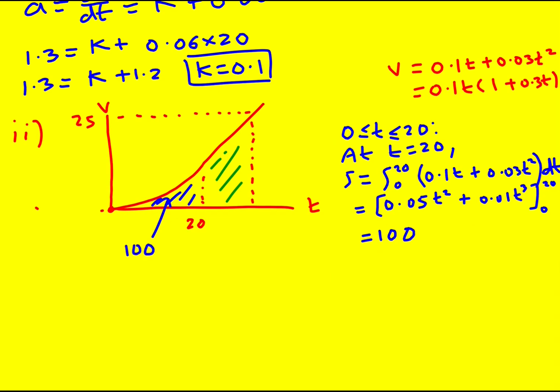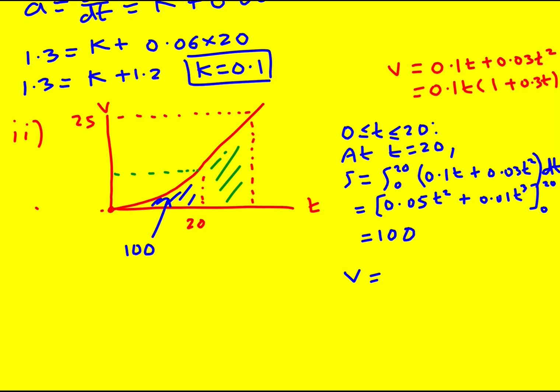Right, now for the green area. So I'm going to apply suvat for this actually, because it's constant acceleration. What we need to do, first of all, is find the initial velocity at that point. So I'm still looking at 0 to 20, and at t equals 20, we can also find what v is.